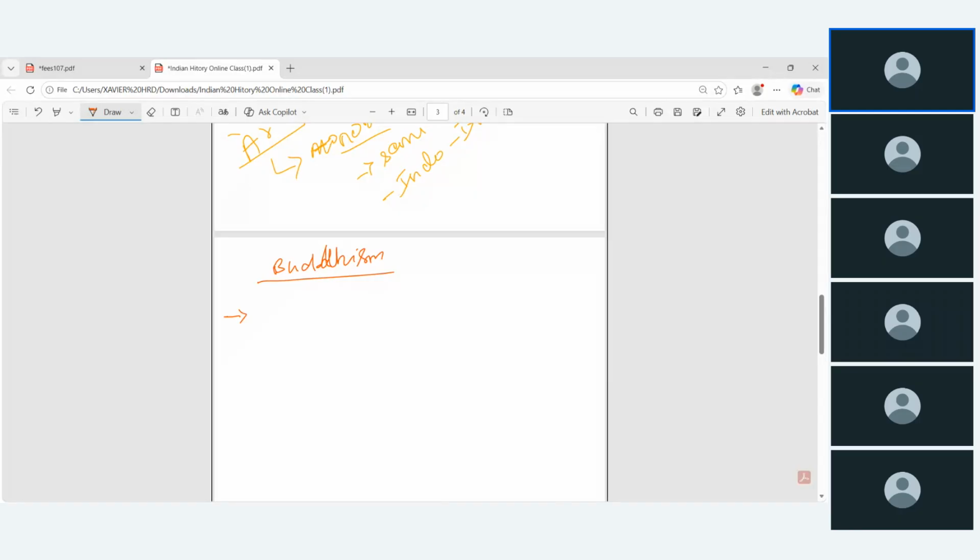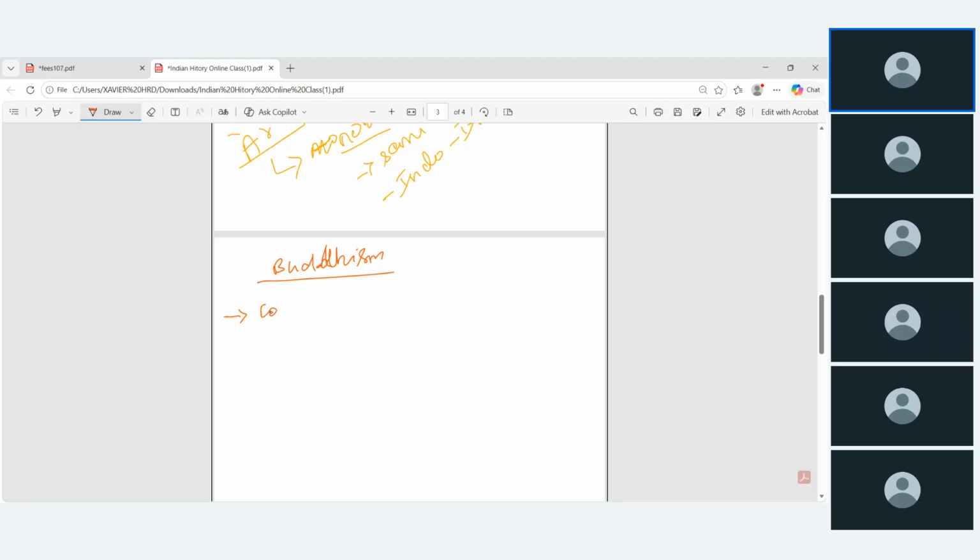Why these Buddhism and Jainism religions emerged or were accepted by many people during the Vedic civilization? Okay, so these Buddhism and Jainism rejected the authority of the Vedas and its practice, its complex yagyas and all, and the caste system.